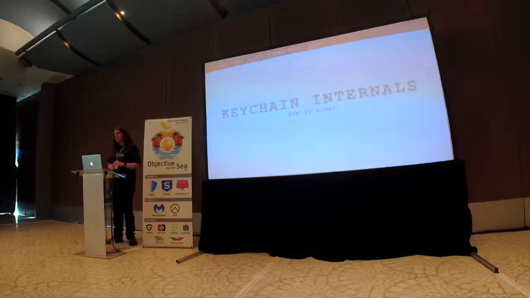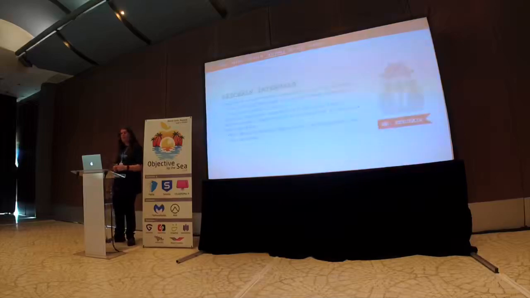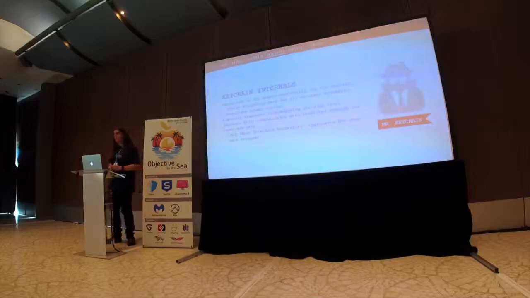Right, then let's go to keychain internals: how the keychain works behind the scenes. Basically, there's one process called securityd, and it's responsible for the keychain, it has the encryption keys, and it's doing the access control. I'll tell you a bit more about access control later.